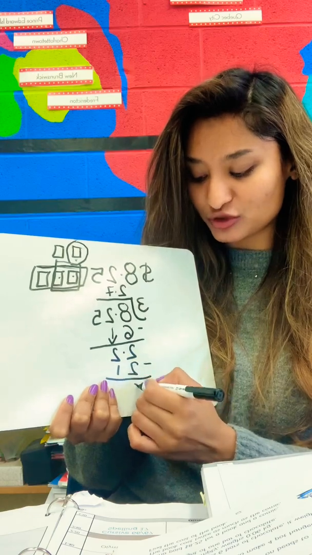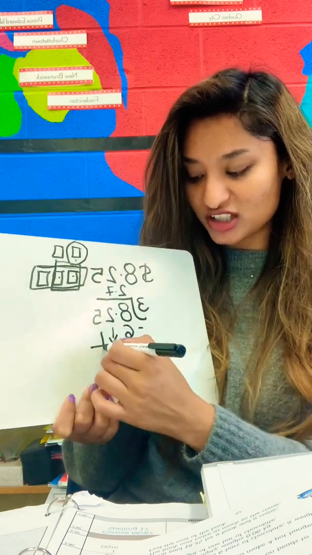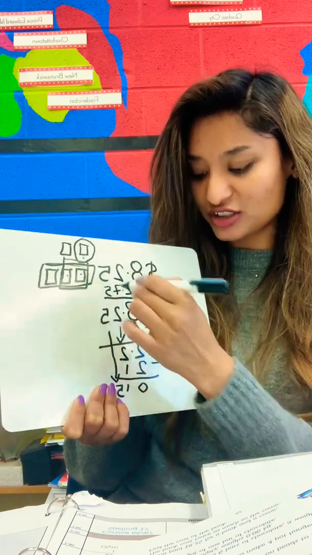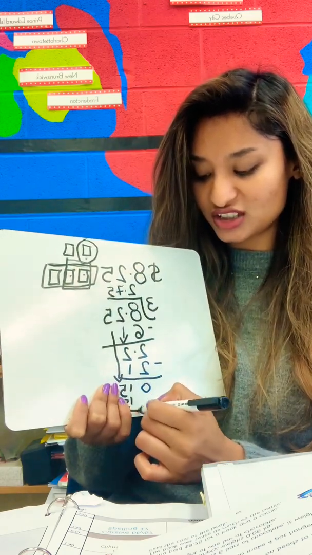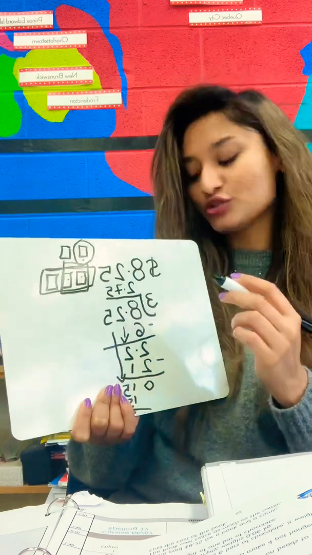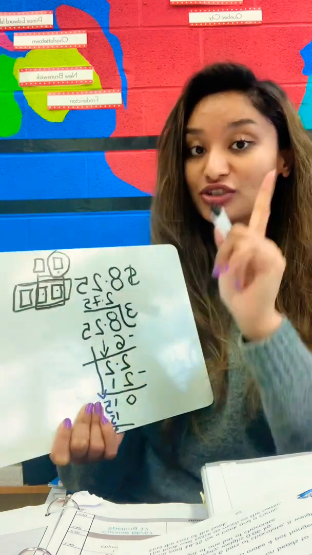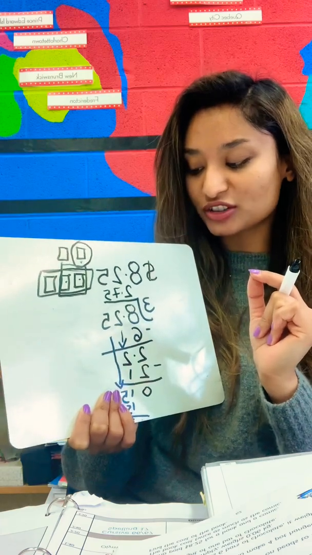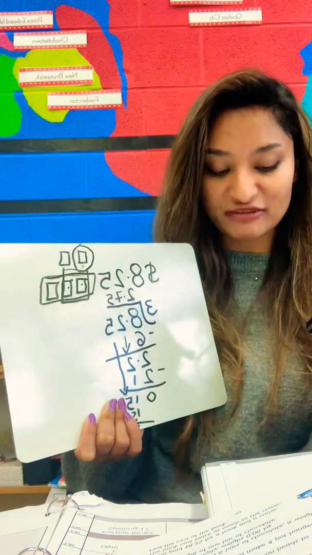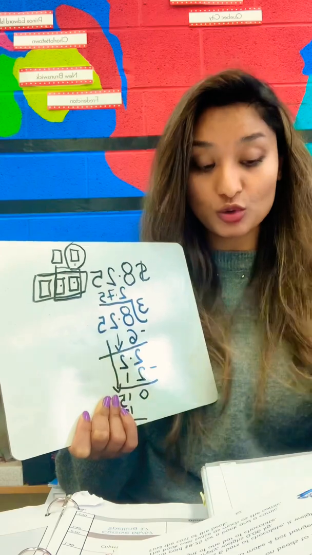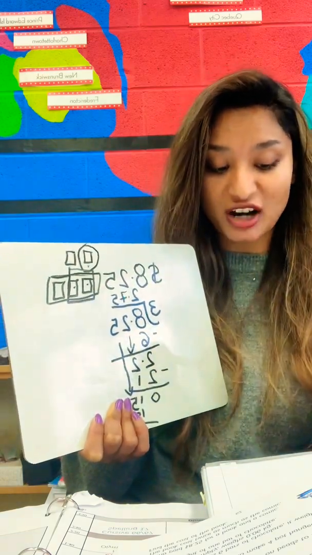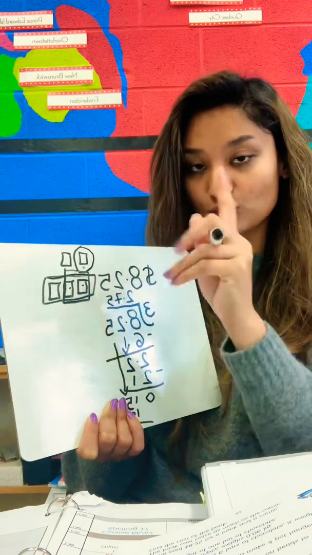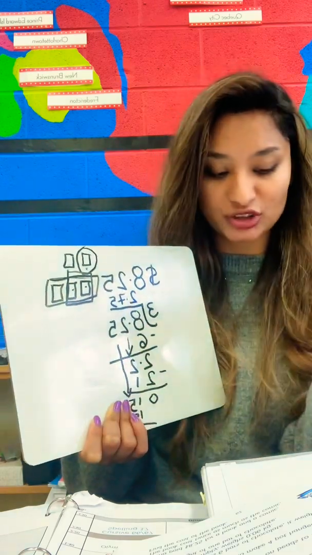Then I do my subtraction again. Now I can bring my 5 down, and 3 times 5 gives me 15. Okay, so the first half of the problem is done. So I got $2.75. Now we know that $2.75, that is 1 unit, that is the price of 1 comic book.